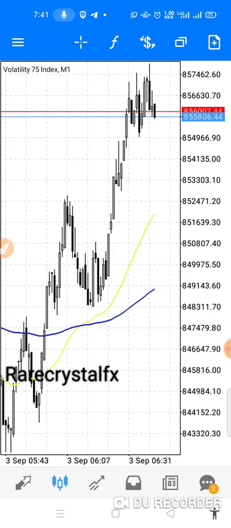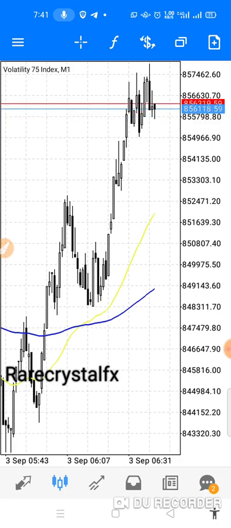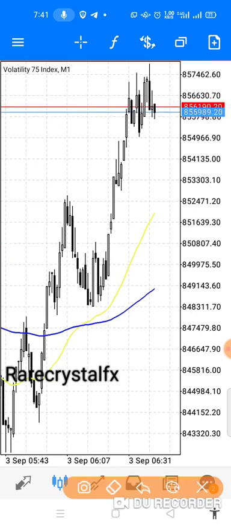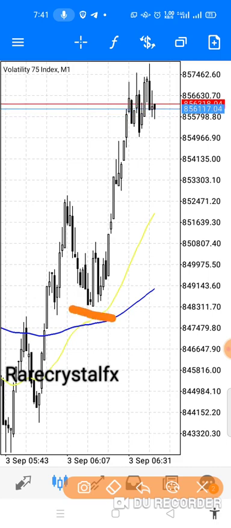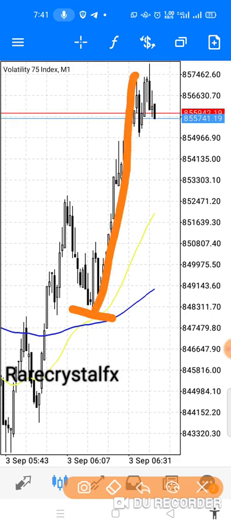Now the market can deliver up to $10, but don't risk to take the $10 opportunity. Once you reach the $5, boom, exit. When you see the market has pushed back to this point, very close to the moving average, then make your entry, then boom, you make the money.